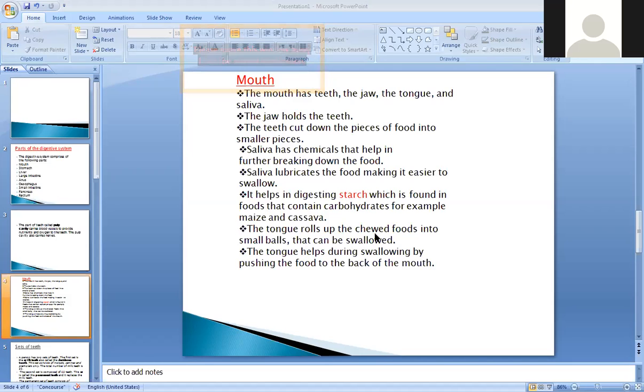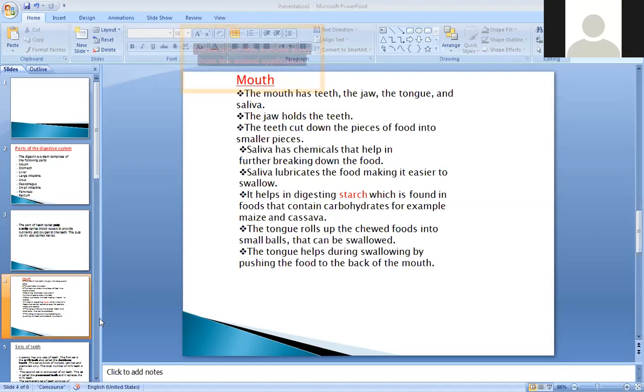After the food has been rolled into boluses, it moves to the stomach through the gullet, the esophagus, through peristalsis. Peristalsis is basically a wave of muscle contraction that helps the passage of boluses down the esophagus.